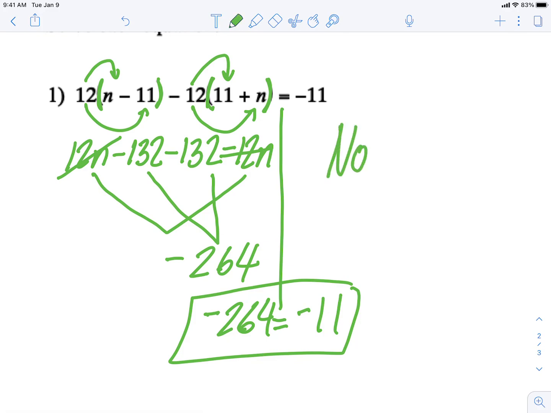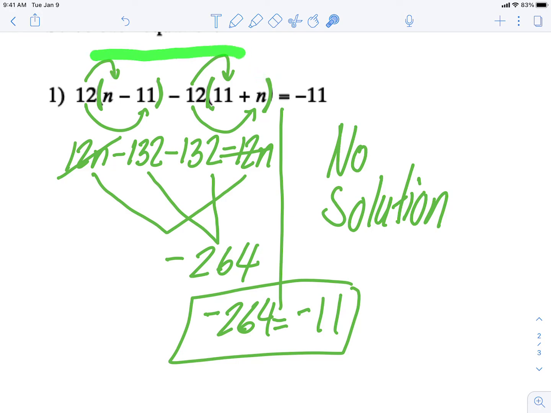So this is a no solution right here. There is no number that you can plug in to n here and n here that will make this side equal to negative 11. Nothing. So there's no solution. No number exists. Okay?